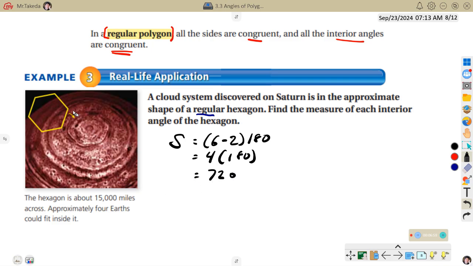Since they're all the same, I can just take 720 and divide it by 6, since there are 6 angles in that regular hexagon. So 720 divided by 6 equals 120. So each interior angle measures 120 degrees. All right, so there's that little question.